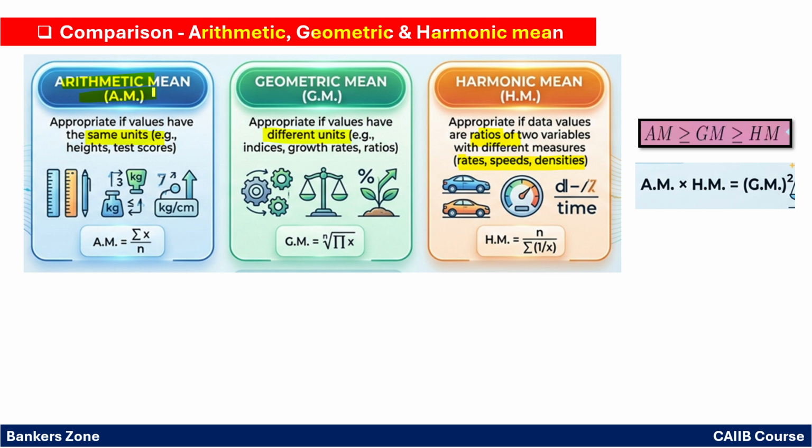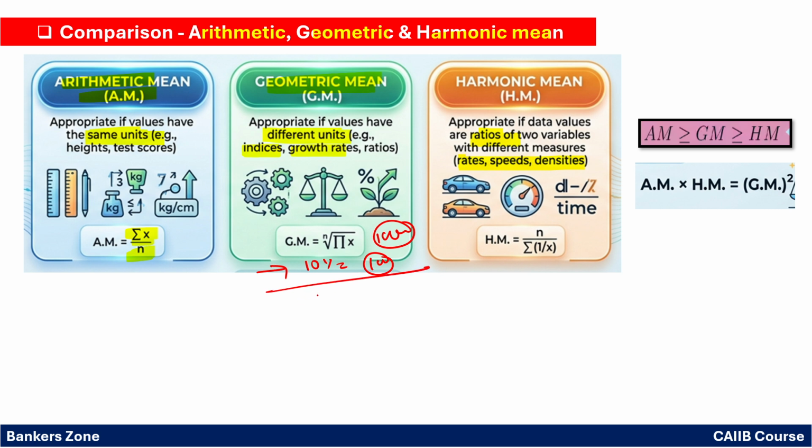Arithmetic mean is useful when the data is in the same units. It is simply the summation divided by the number of items. Geometric mean is useful when we have values in different units or different scales, for example the indices growth rate. For example, the growth rate of SBI is 10%, and if SBI has a base of 1000, then 10% of 1000 means 100.